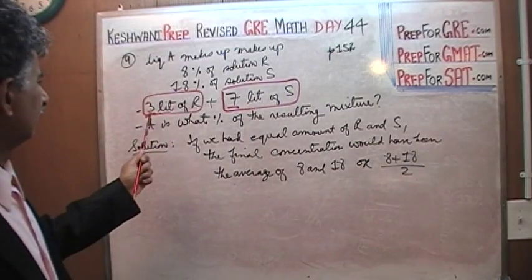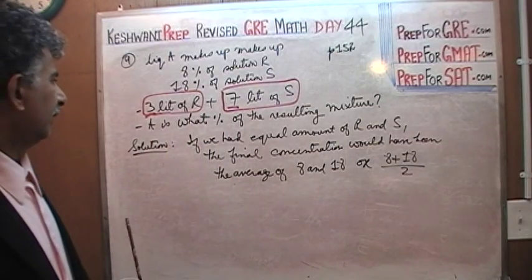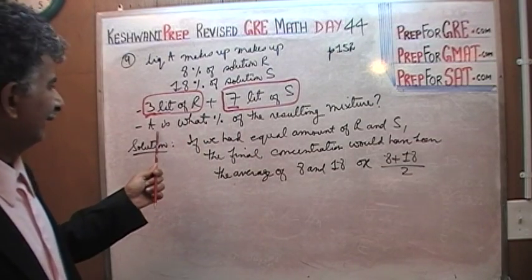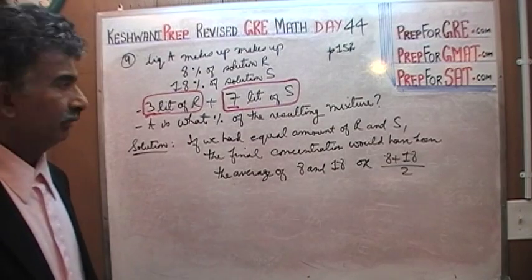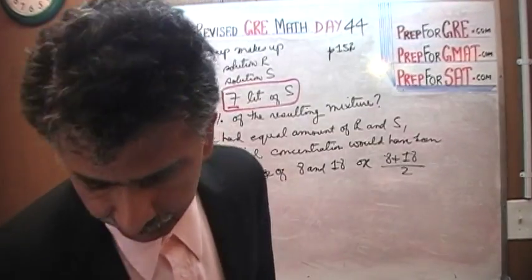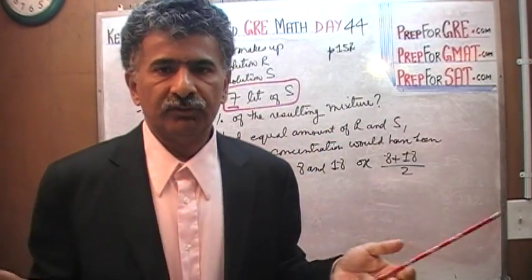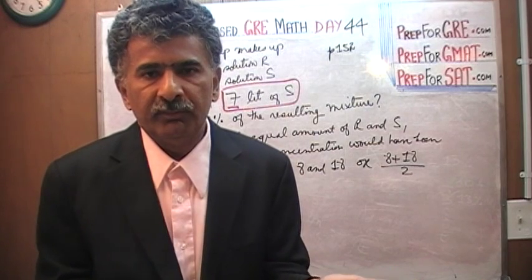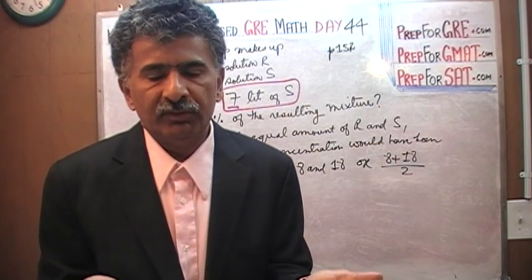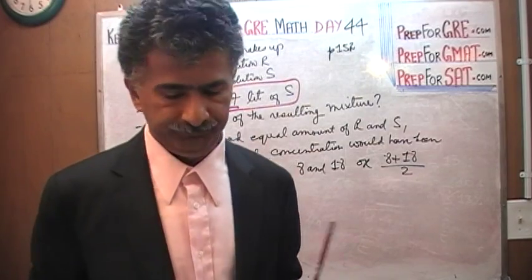The question simply is: A is what percentage of the resulting mixture, the final solution? So we take 3 liters of R and 7 liters of S and mix them all up. What concentration of the resulting solution is liquid A?